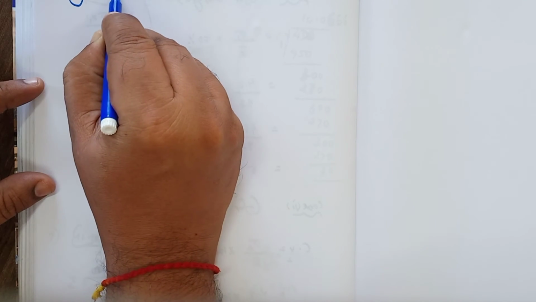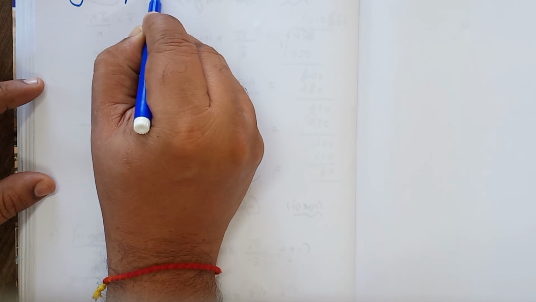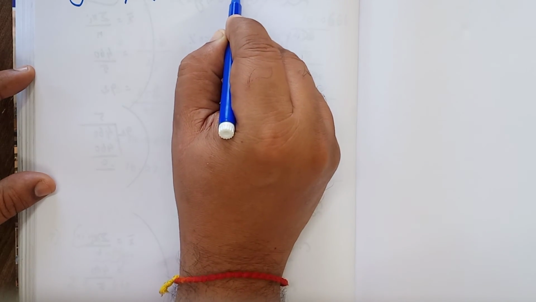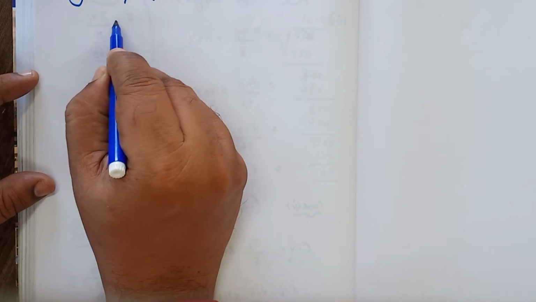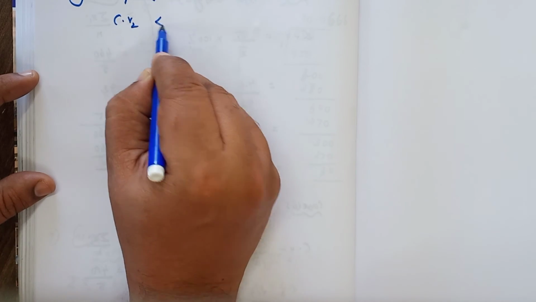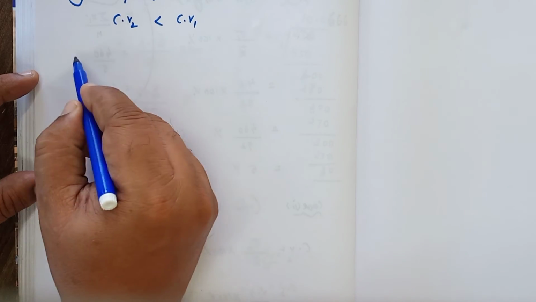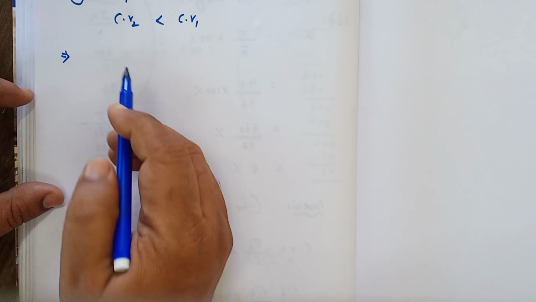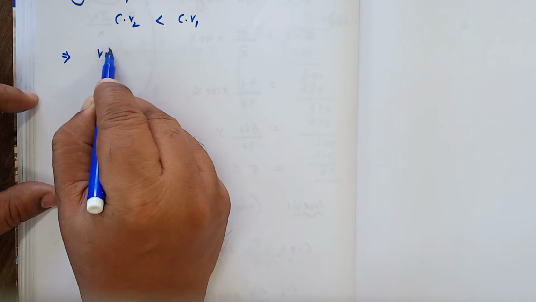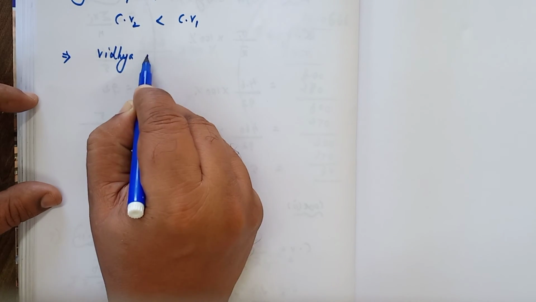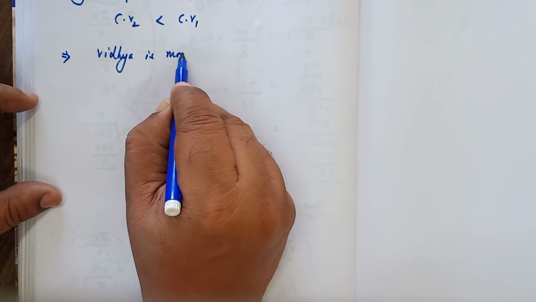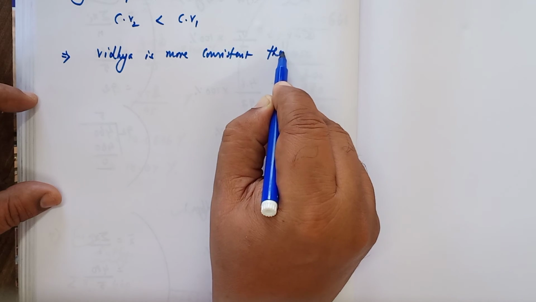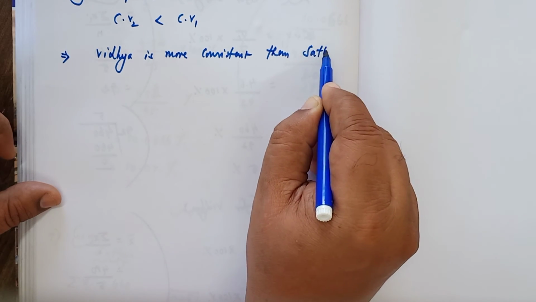By comparing case 1 and case 2, CV2 is less than CV1, which implies Vidya is more consistent than Satya.